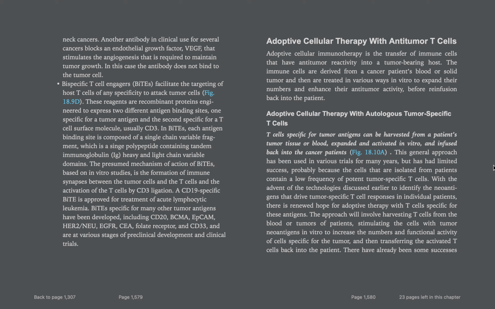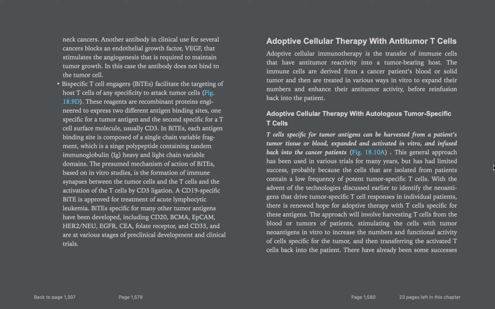A CD19 specific BiTE is approved for treatment of acute lymphocytic leukemia. BiTEs specific for many other tumor antigens have been developed, including CD20, BCMA, EpCAM, HER2, EGFR, CEA, folate receptor, CD33, and are at various stages of preclinical development and clinical trials.